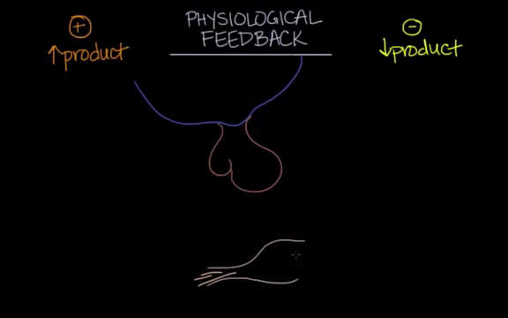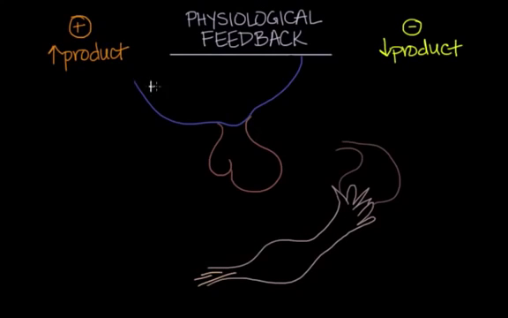Let's look at a physiological process that uses positive and negative feedback, and more specifically occurs in females. So the first structure here in blue is called the hypothalamus. The hypothalamus, as you may have heard in your studies, is the master control gland of our endocrine system.